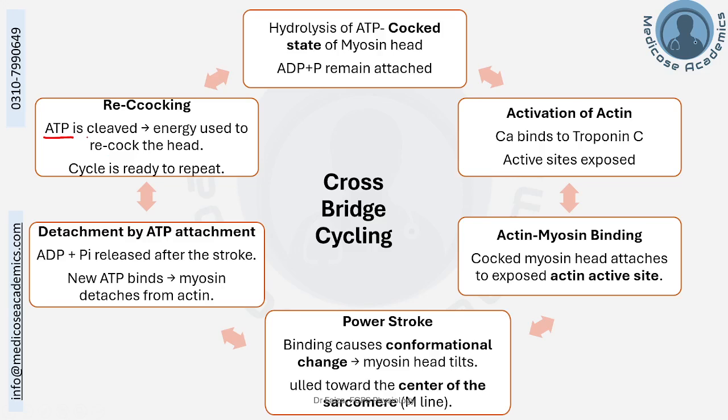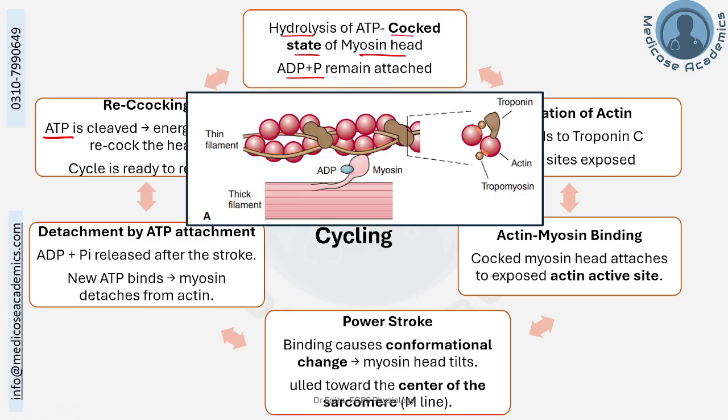When the ATP attached to the head of myosin is hydrolyzed, this leads to formation of ADP plus phosphate and release of enormous energy which is stored in the myosin head. And at this moment, we call the myosin head the cocked state. The head of the myosin with the hydrolyzed ADP attached is called cocked myosin or the activated myosin head.